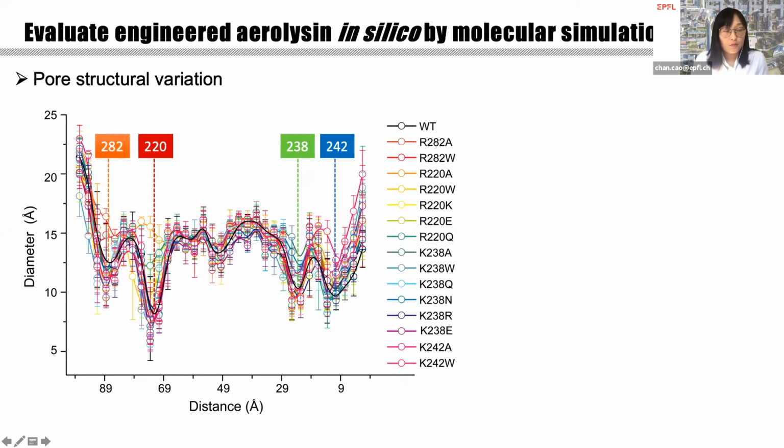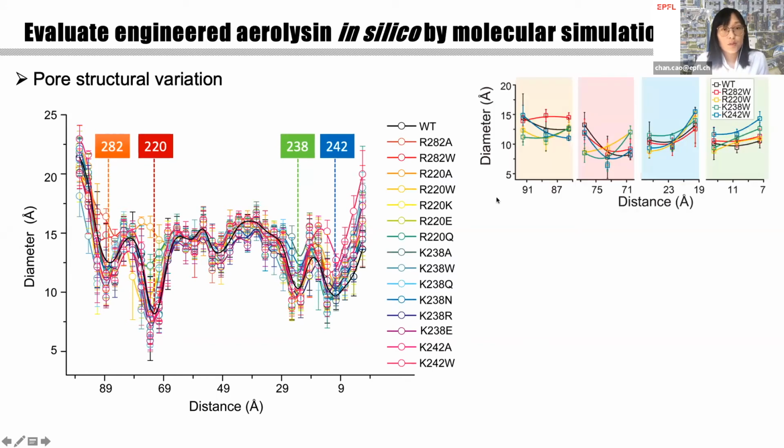We did this for all of the mutations we proposed, and we found for tryptophan, it's not what we expected. This is the red dot you see here. The black is the wild type, so almost the diameter doesn't change or is slightly bigger.